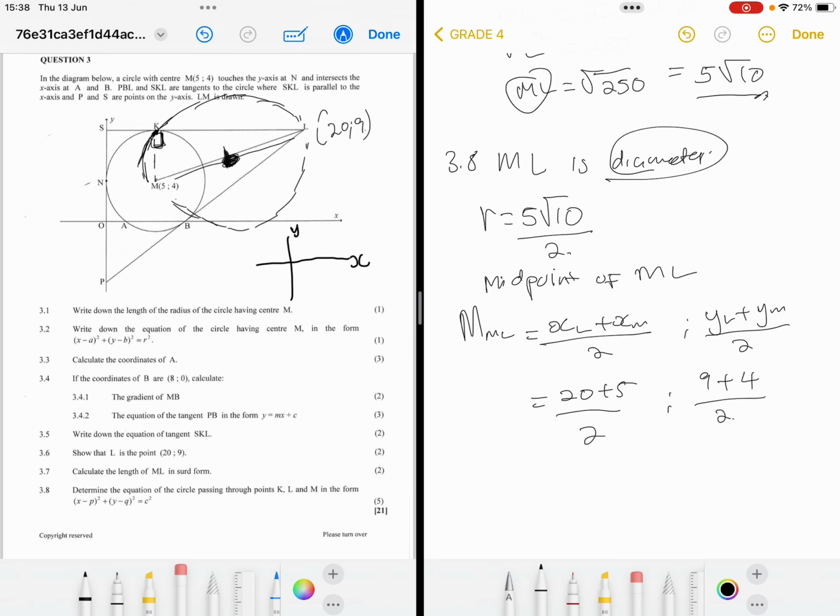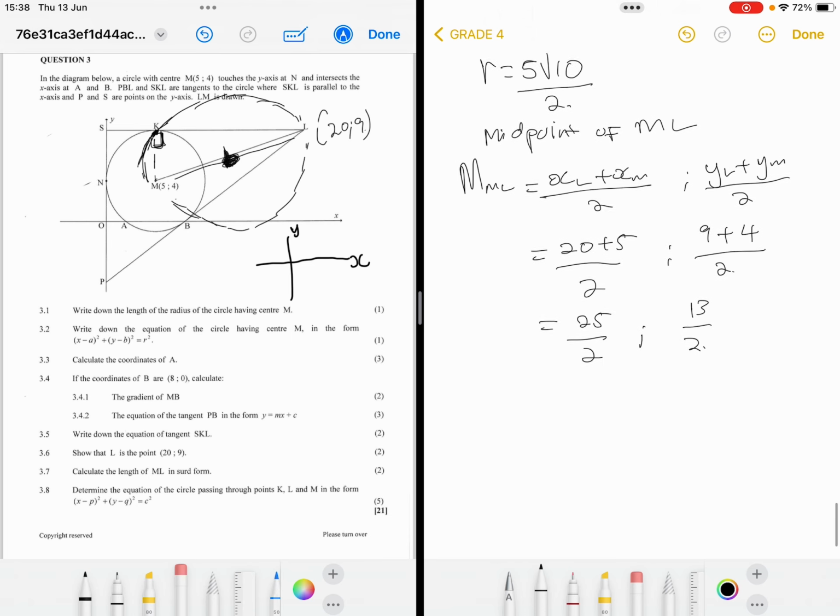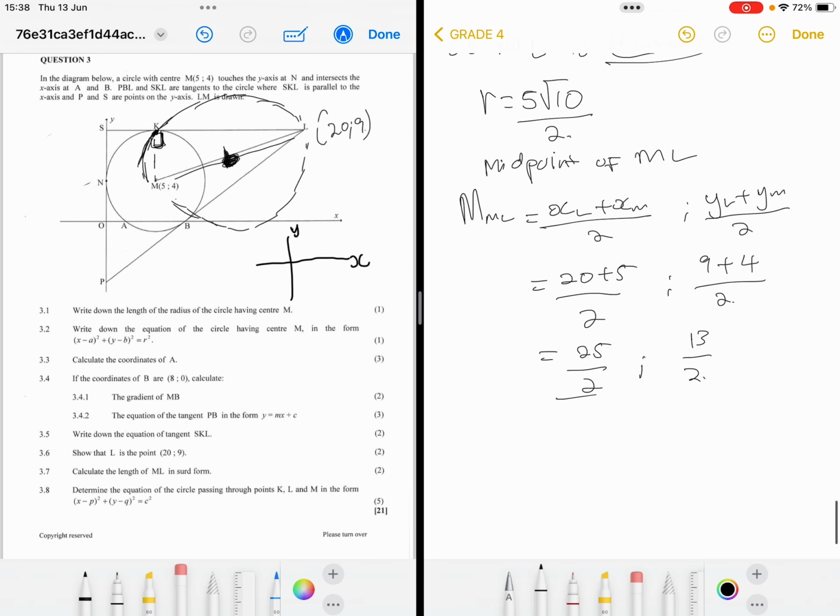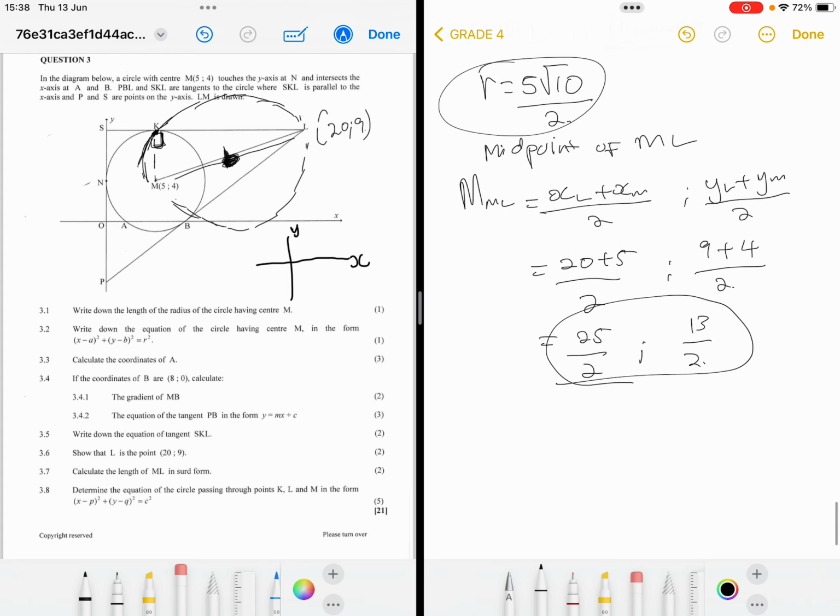So this is going to be 25 over 2, then 13 over 2. So we have the coordinates of the center and the radius. Now let's plug them in.